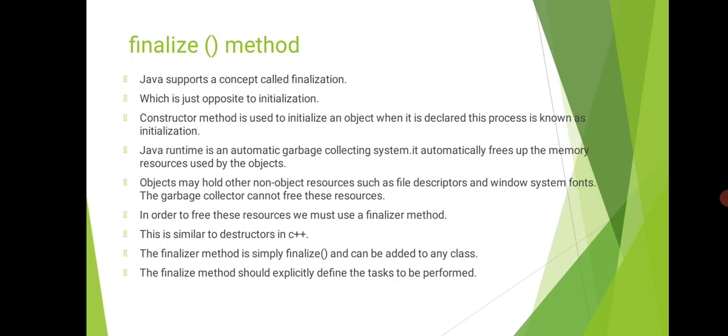These cannot be deleted by the garbage collector heap, and the garbage collector program cannot automatically free these resources. So these objects should be forcibly destroyed from the memory using a finalizer method. In order to free these resources we must use the finalizer method, okay? This is similar to the destructor in C++.